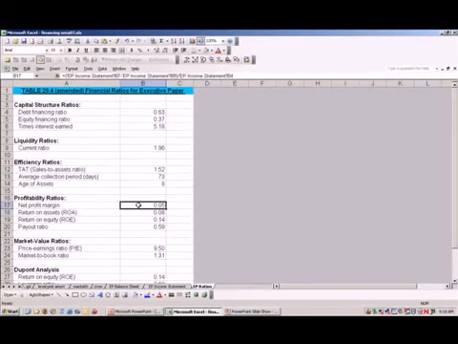And the result is a 5% profit margin. A 5% profit margin indicates that Executive Paper was able to convert 5% of its revenues into payments that it makes to both its debt and equity suppliers.